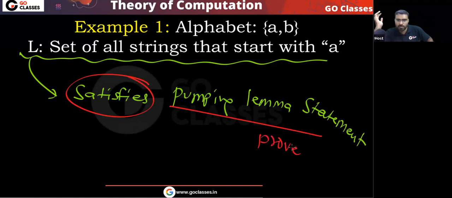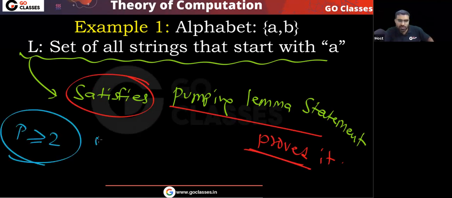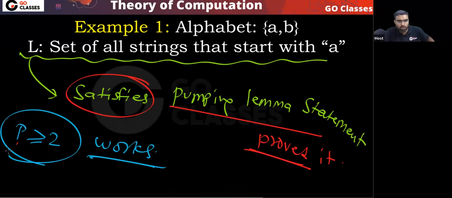We have proven it. Also, P greater than or equal to 2 works. So what is the minimum pumping length? This magical number is called the pumping length. I told you.